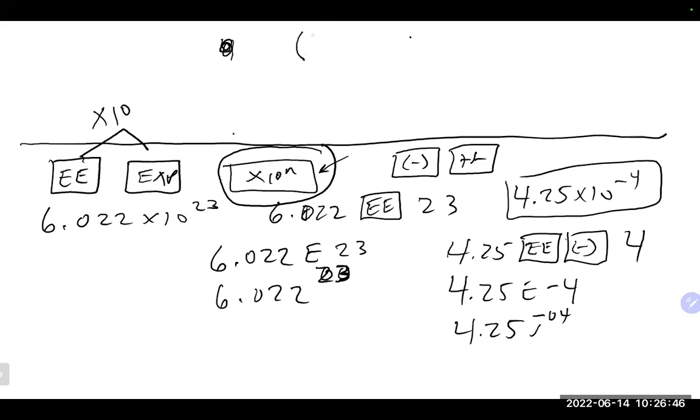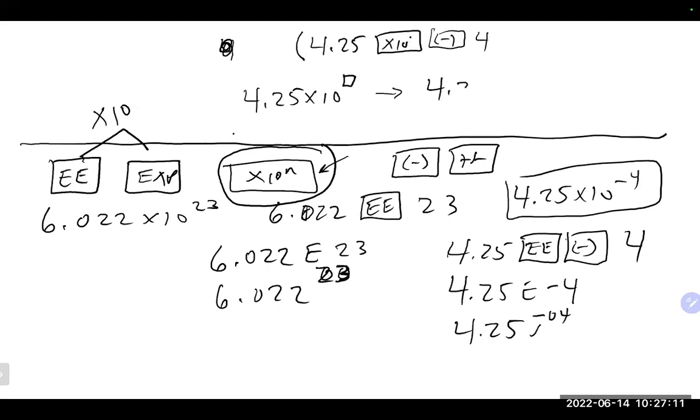Then 4.25, then hit that button, the times 10 part. On that calculator, it will look something like this, 4.25 times 10, and then you'll have your little cursor bouncing up on top there. Then you would finish it out the same way. You would do your negative button and then your 4, and it will change that bouncing cursor to a 4.